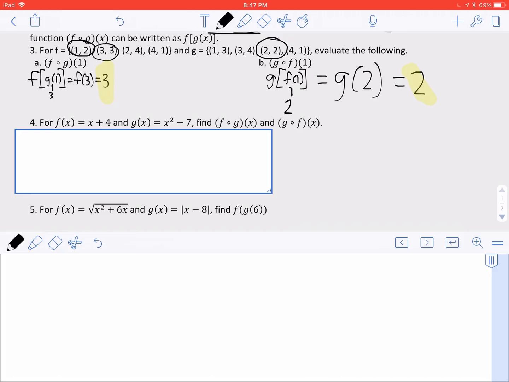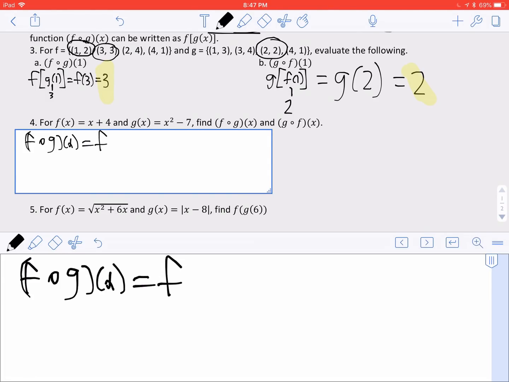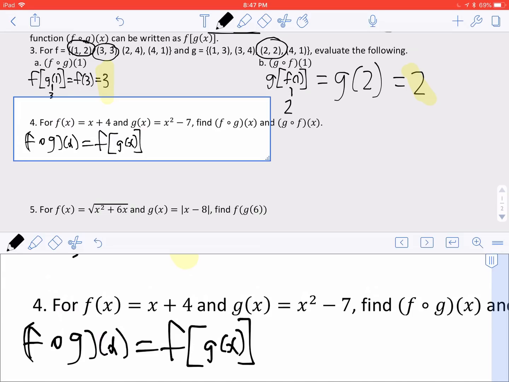So first let's do f open circle g. That means I'm going to find f of g of x. This highlighted part represents g of x, and I want to plug this into x here.